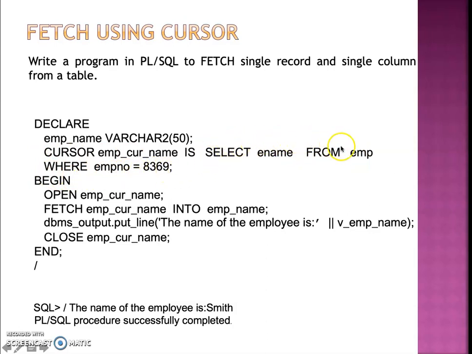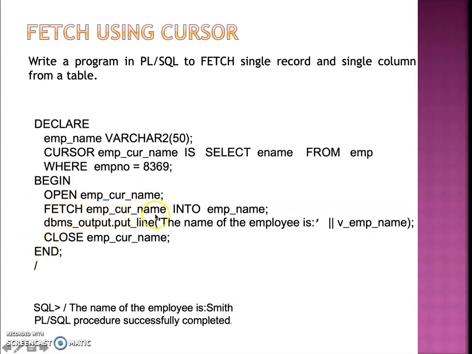This means all these records from the emp table will be stored in this cursor which we have created. In order to open a cursor, you have to use the OPEN statement. OPEN cursor name in the block.